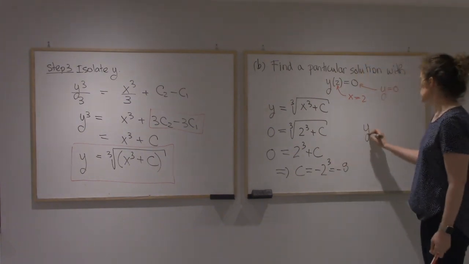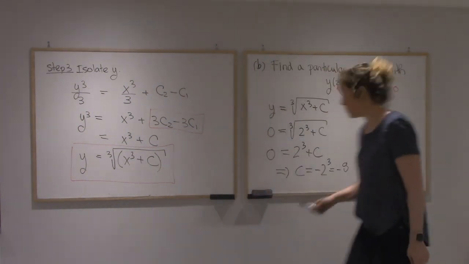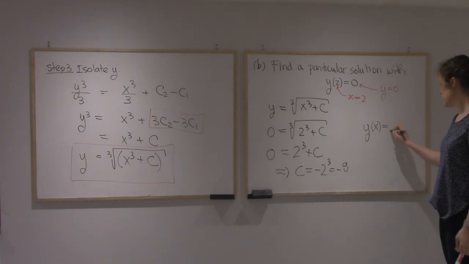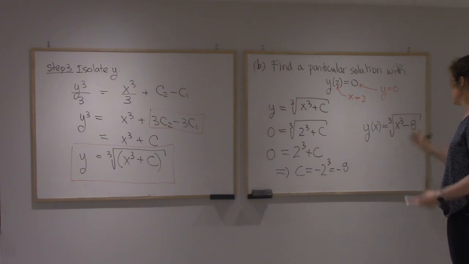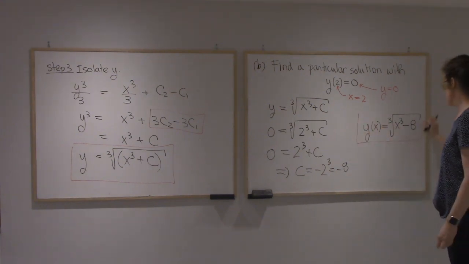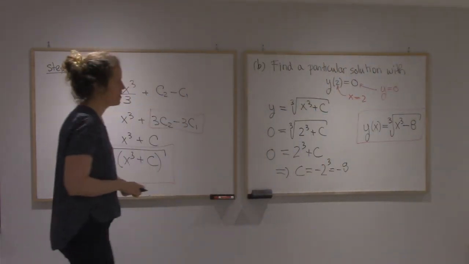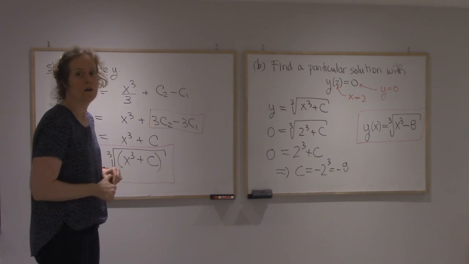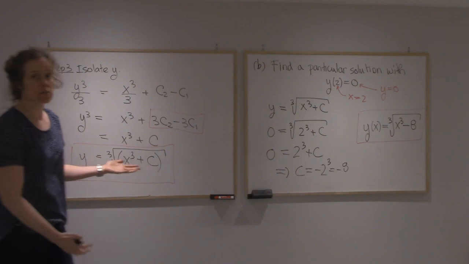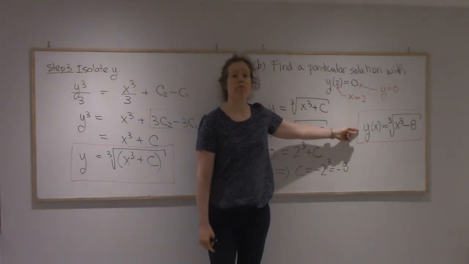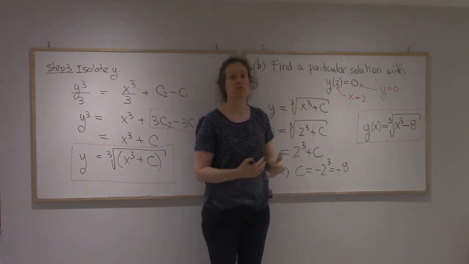So my particular solution here would be this, but where c is replaced by minus 8. So this is the general solution. That's one particular solution. To make sure that everybody gets the same particular solution, I need to give you some initial condition. I need to give you the value of the function at one point.